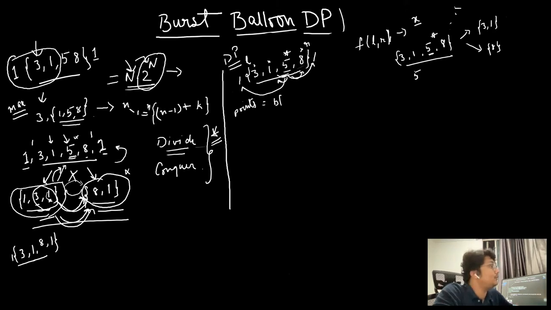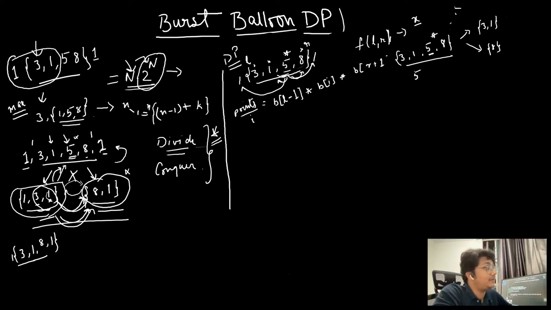So if we want to calculate the points for a given element at I, points at I becomes balloons of left minus 1 multiplied by balloon of I multiplied by balloon of right plus 1.